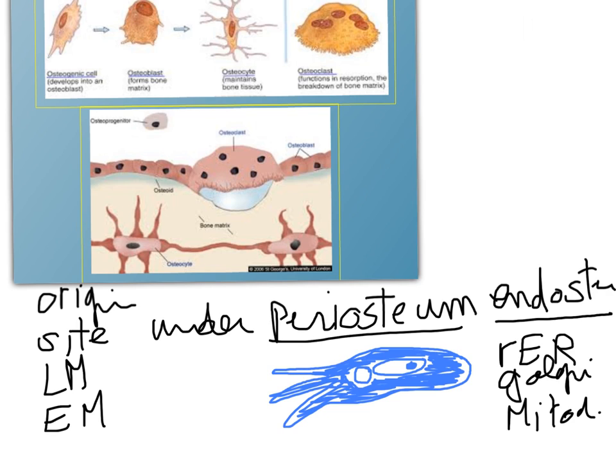These cells secrete alkaline phosphatase, which will form the calcification of the bone, and they also secrete the organic material of the matrix. Don't forget that the newly forming organic material is called osteoid. After being surrounded by the matrix they secrete, they are transformed to osteocytes.